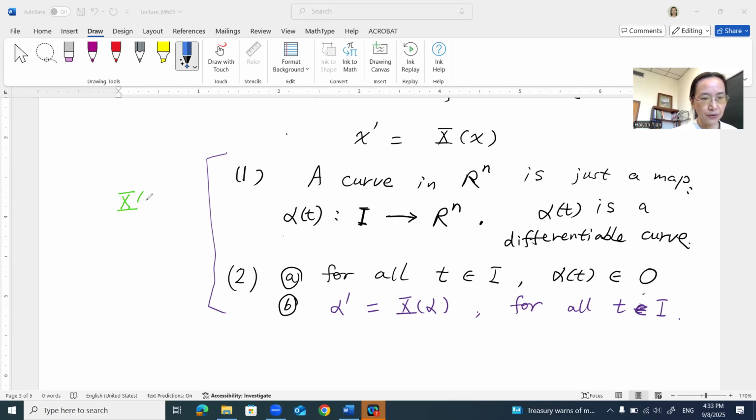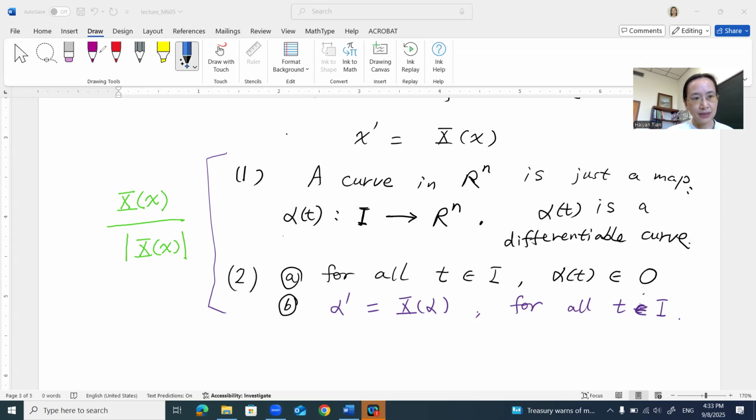This vector field at each x, that is the image, capital X at each lowercase x is an image of lowercase x. But this image is a vector. If you want to find a unit vector, you just divide by the length of this vector, then you get a unit vector.